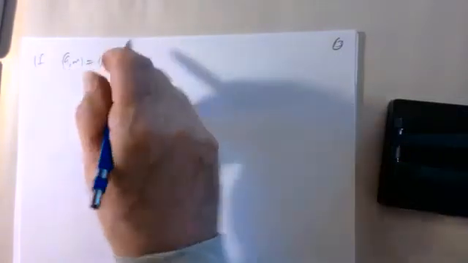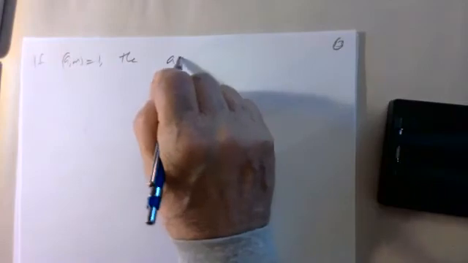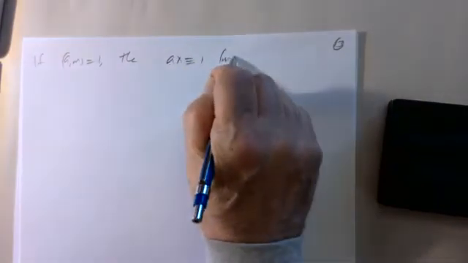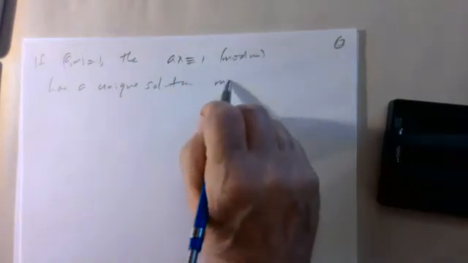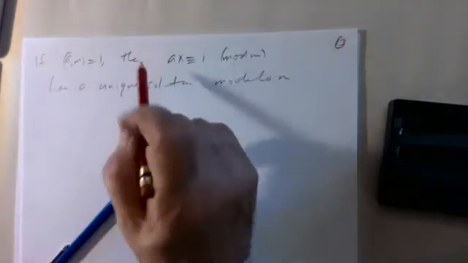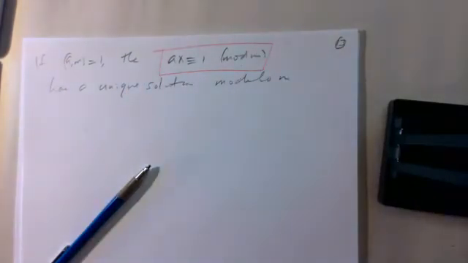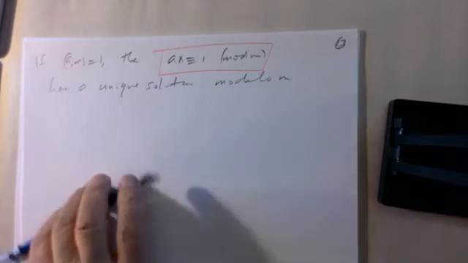If A and M are relatively prime, then AX congruent to 1 mod M has a unique solution modulo M. A and M are relatively prime, there's a unique solution.